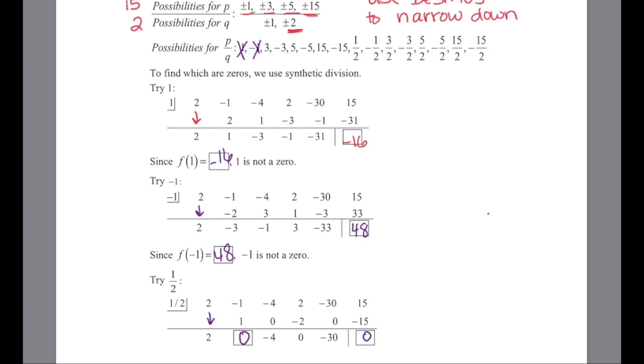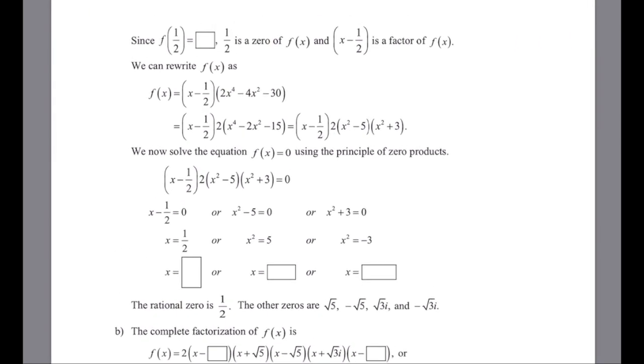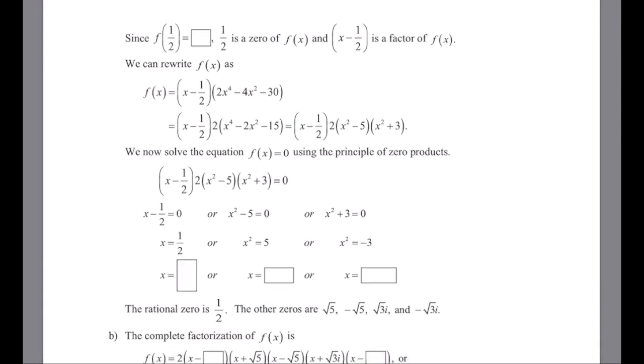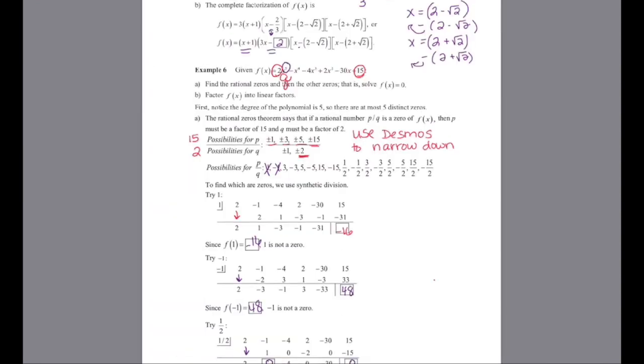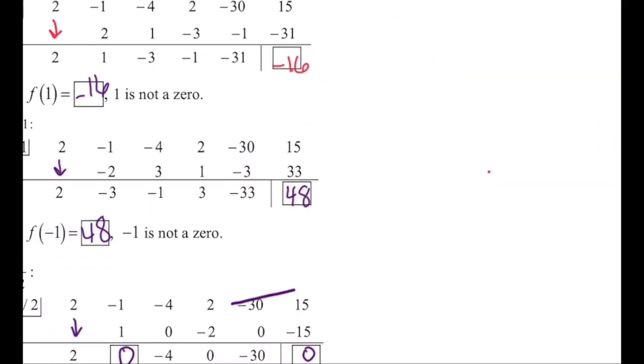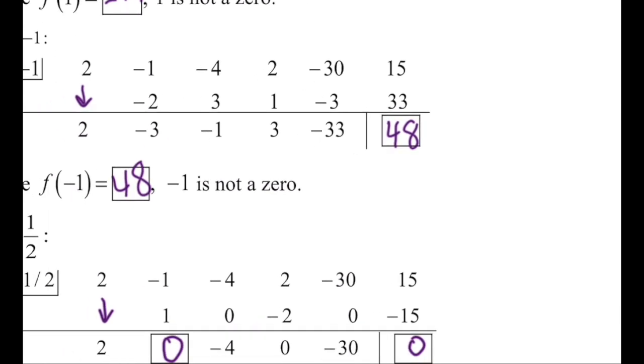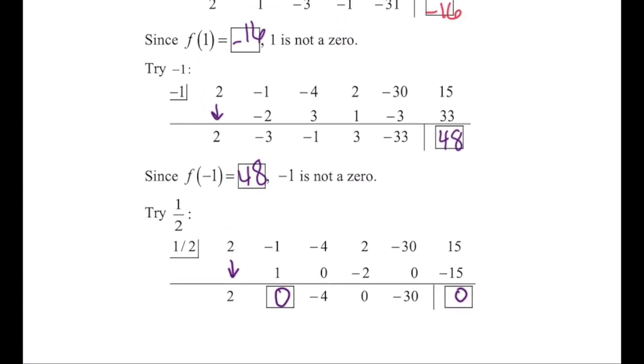Okay. Go to the next page. Since f of a half is 0, we know that a half is a 0 of the function, and then we can find the reduced polynomial. Looking on the previous page, our reduced polynomial will have x to the 4th, x cubed, x squared.